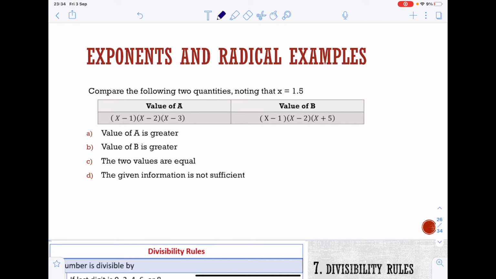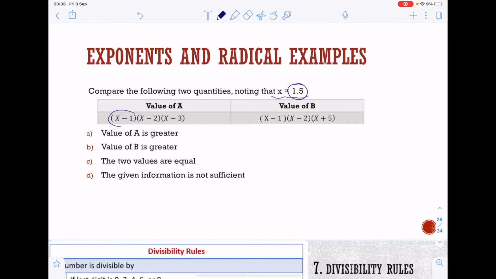Okay, next question, also compare between these two values if x equals 1.5. The same way, you can of course just substitute the value of x in the value of A and then find out the answer, but this would take a long time. So it's better to use mental math. Now you have 1.5.